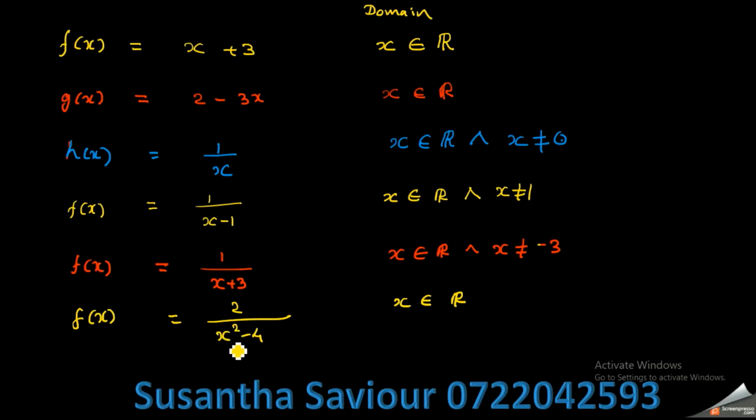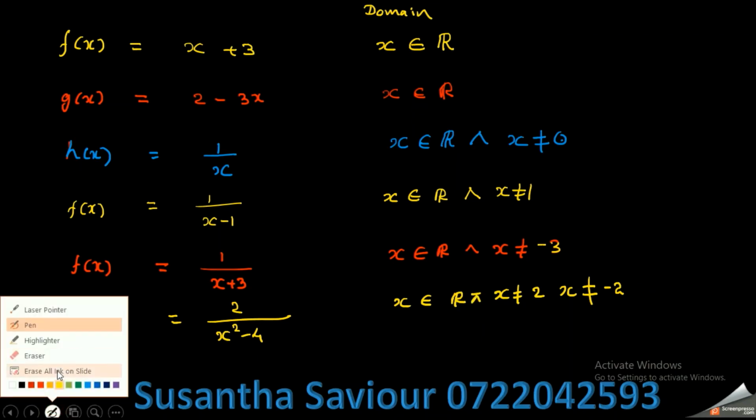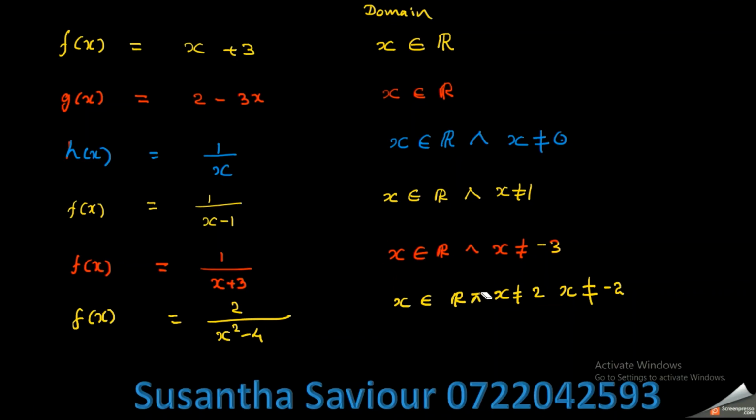What are these? x equals 2 cannot be taken here, because if we apply x equals 2, it will be 0 in the denominator. Not only that, there is another value that cannot be taken. What is that? x is not equal to minus 2. So x cannot be plus or minus 2. We can write it in one shot also: x is not equal to plus or minus 2.